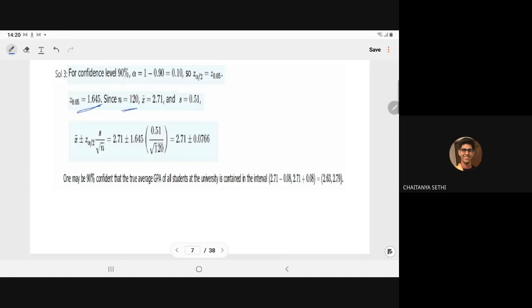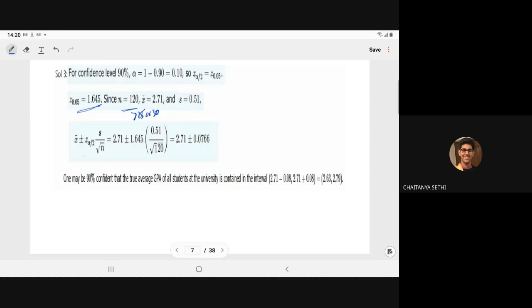and n is given as 120, which is larger than 25 or 30, and x bar is given as 2.71, and s is given as 0.51. So in this case the only change is this: when the sample size is more than 30 or 25, we say it follows the normal distribution.